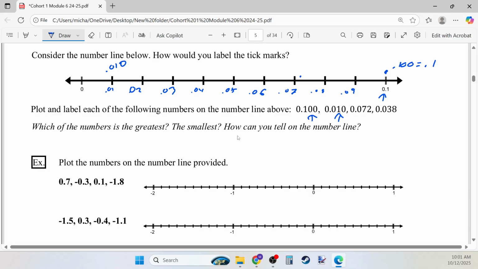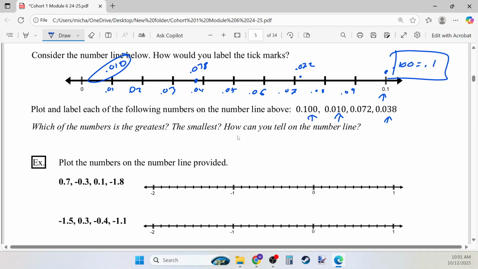0.072 goes a little bit past 0.07. And 0.038 goes almost all the way to 0.04. Which of the numbers is the greatest? That one. Smallest? That one.